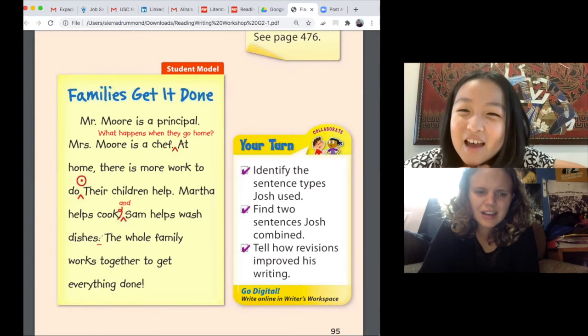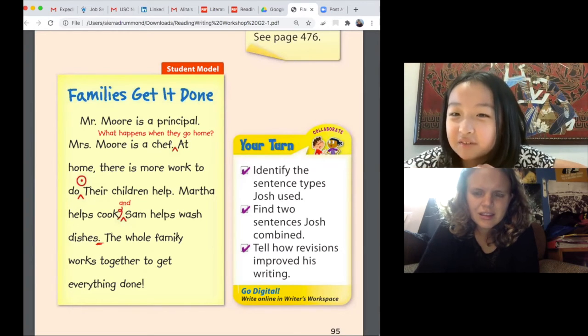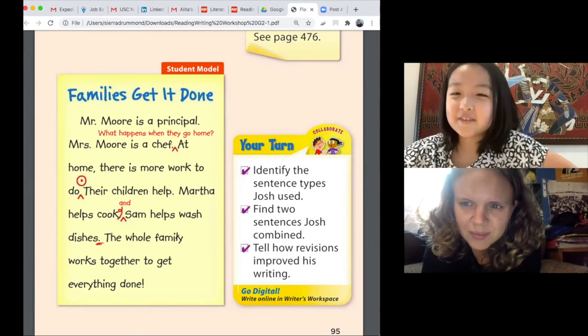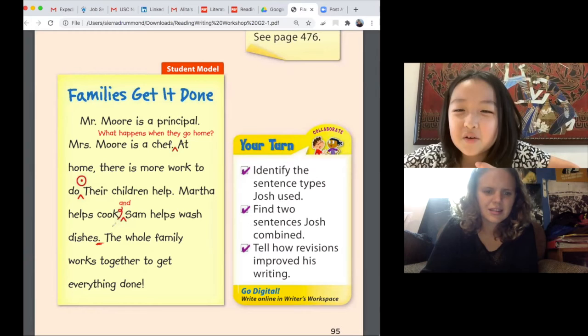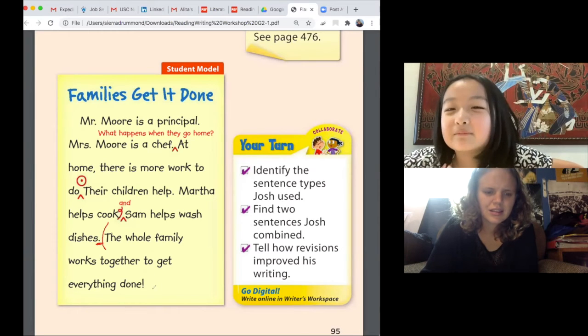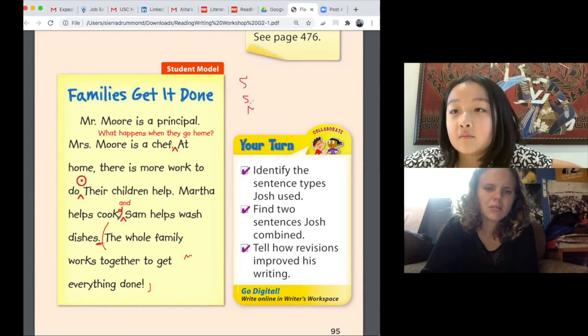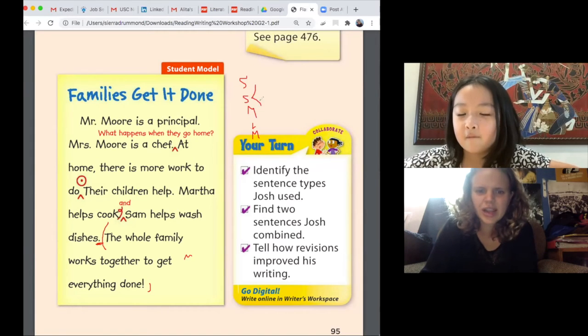Yeah. So that means the whole family worked together to get things done. There's another sentence. The whole family, so that one is medium. Oh, okay. So you said it was small, medium, large, medium. Good. So the point is it changes, right?